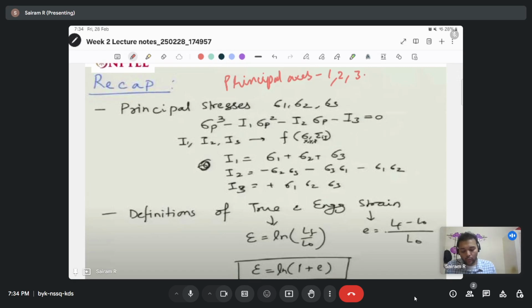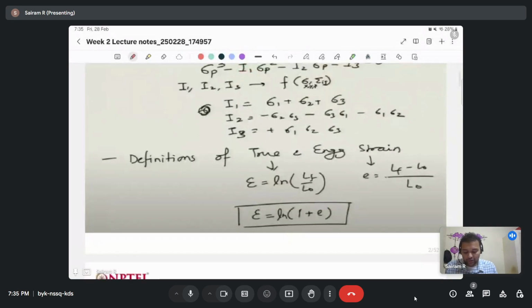This applies when all the shear stress components are 0. So this is applicable for principal stresses or principal axes only when stresses act only along those principal axes and there are no shear stresses, no stresses along any other axis.